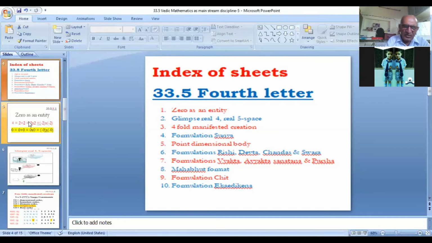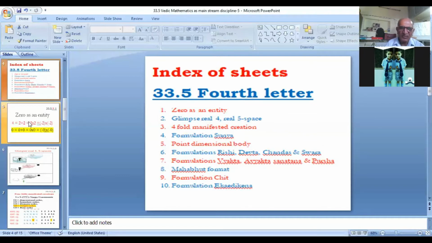Therefore, the sadhakas fulfilled with the intensity of work to be parallel with Vedic mathematics initiation in terms of its fourth letter shall be parallel with the quadruple formulations Rishi, Devata, Chandas, and Swara.